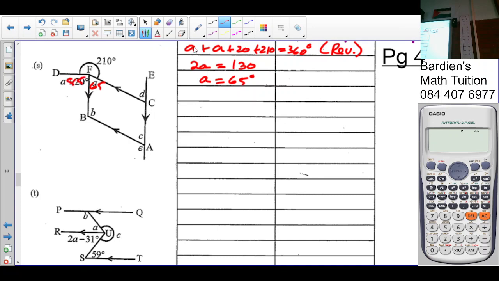Okay. So how do you calculate B? Co-interior angles. So 65 plus B adds up to 180. B plus 65 equals 180, co-interior angles with FC being parallel to BA.